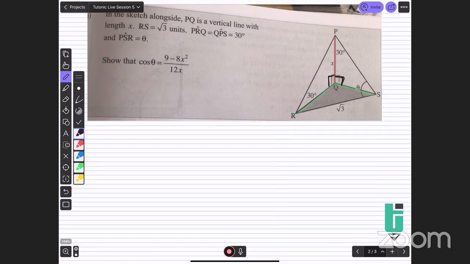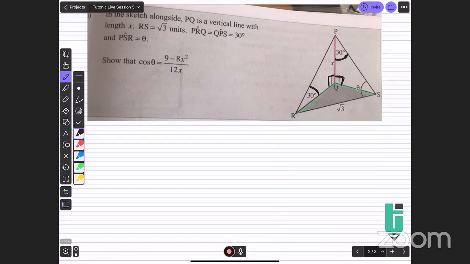For example, I think of trig ratios. RS equals √3. They tell you that. PRQ equals QPS. You can see everything they've said in the question they've put here, but sometimes they don't always put it there. So you just have to make sure that you've read the question.